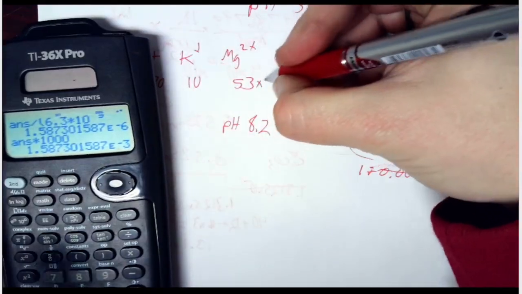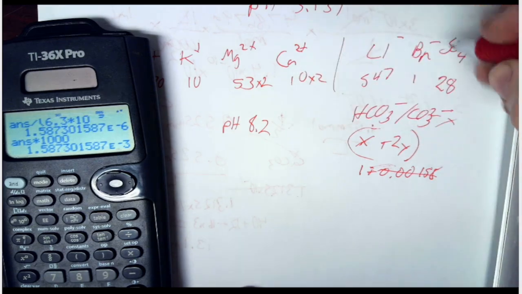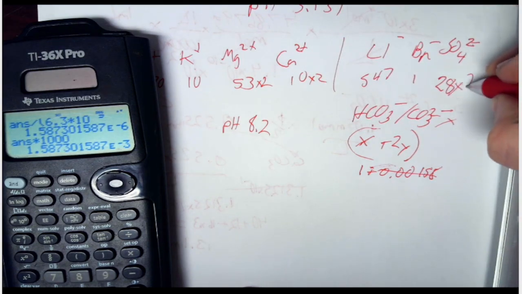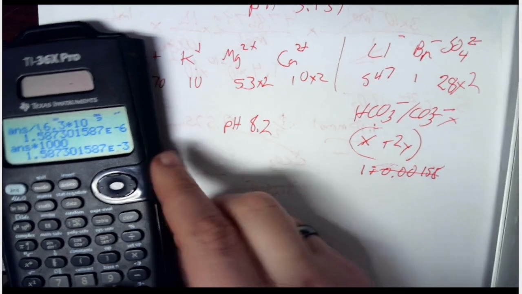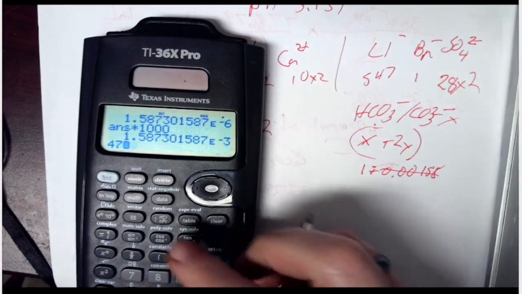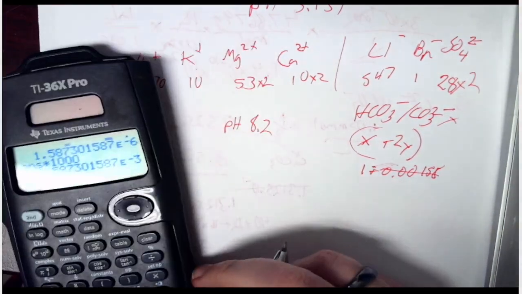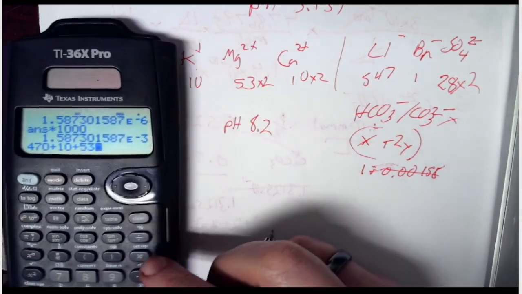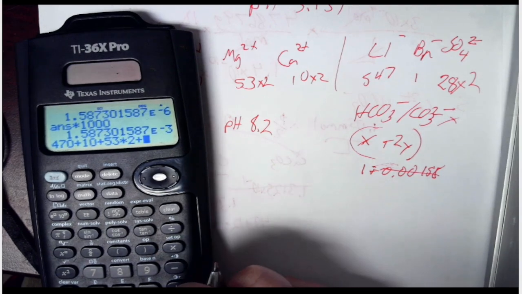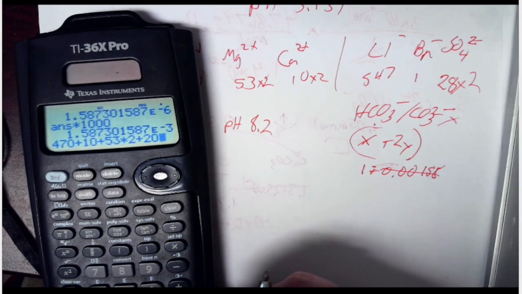So let's add this up. Once again, times 2 for the doubly charged ions. So 470 plus 10 plus 53 times 2 plus 10 times 2.